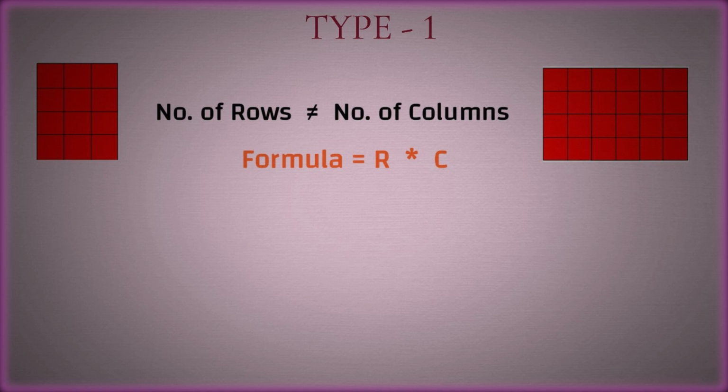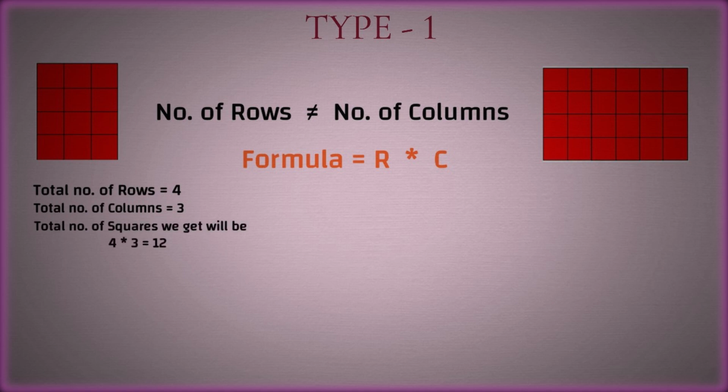First, we note down the total number of rows and columns as seen in the figure. From this figure, we get 4 rows and 3 columns. Now, using the R into C formula, we first multiply the number of rows and columns together and write the product on the right hand side. Then, we keep decreasing one row and one column step by step until either the row or the column reaches 1.